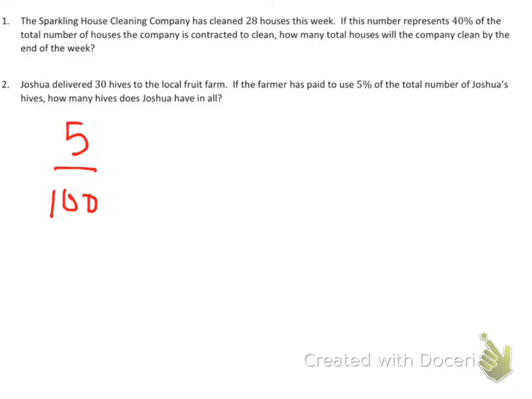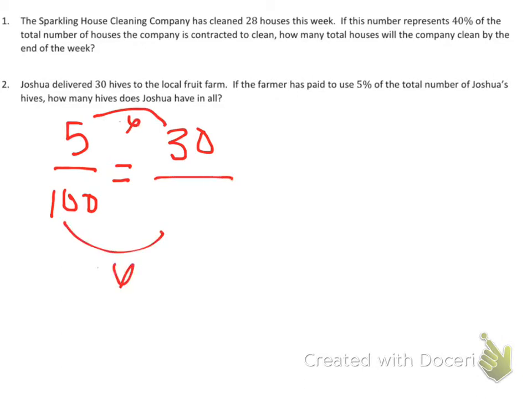And Joshua delivered 30 hives to the fruit farm. 5% is the part, 30 is the part. So we multiply 5 times 6 to get 30, so 100 times 6 is our answer, and there are 600 total hives.